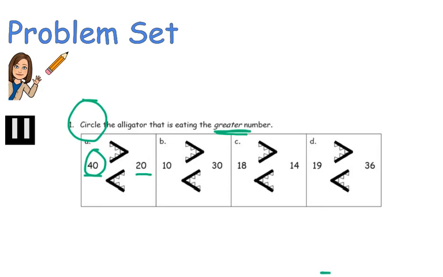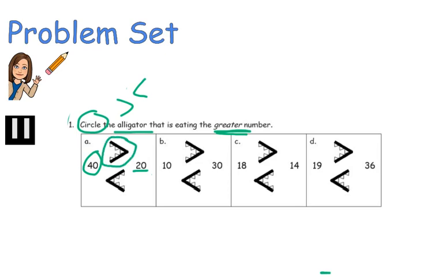So now I need to circle the alligator showing which is the greater number. So is the top alligator or the bottom alligator going to eat the number 40? The top one, right? So circle the top alligator. Very good. Now let's do B together.